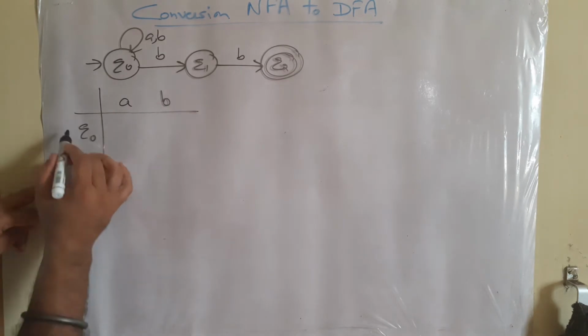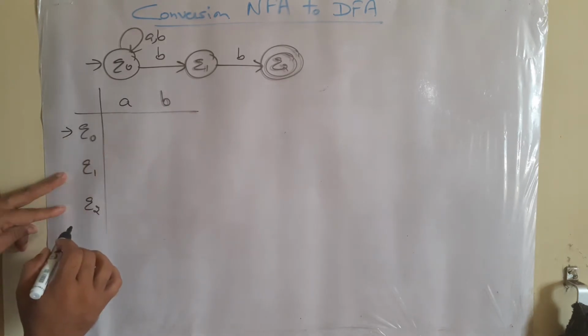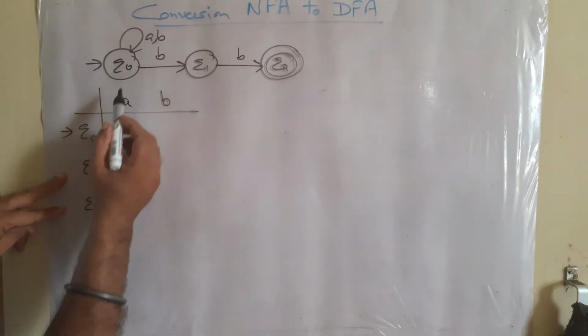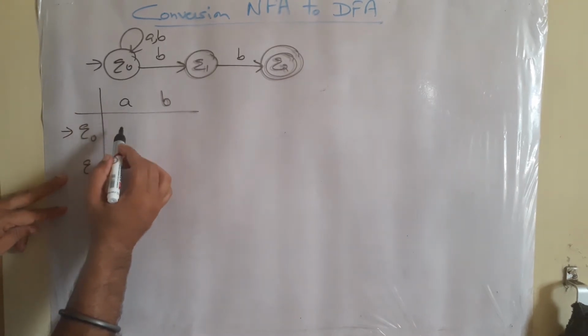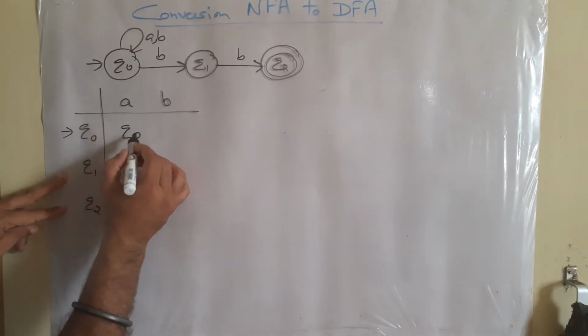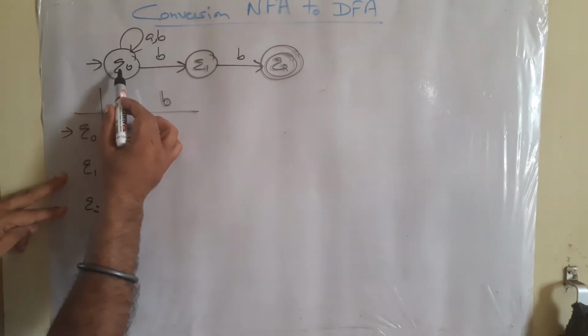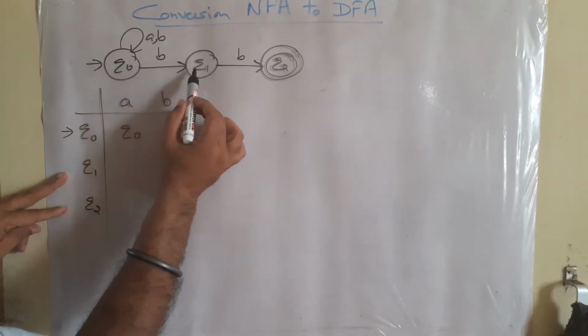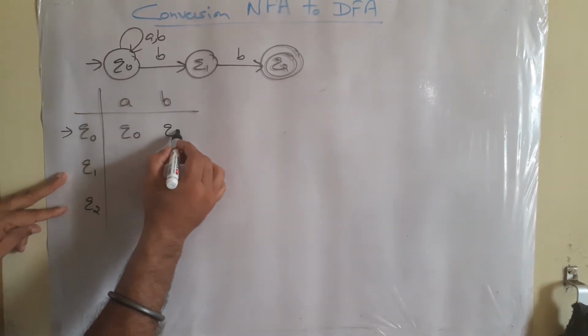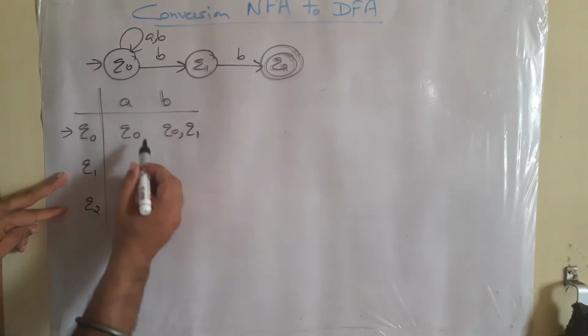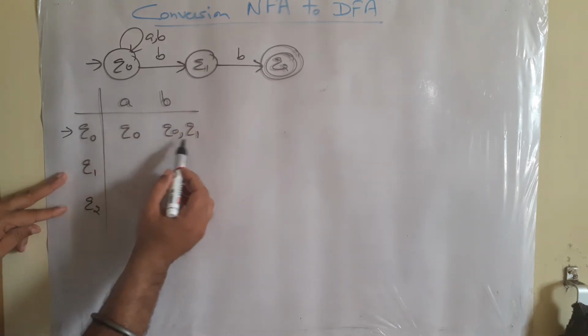Q0 is the initial state, and with input symbol A, Q0 remains at Q0. With input symbol B, Q0 remains at Q0 as well as moves towards Q1. So two outputs are there with respect to one input symbol B.